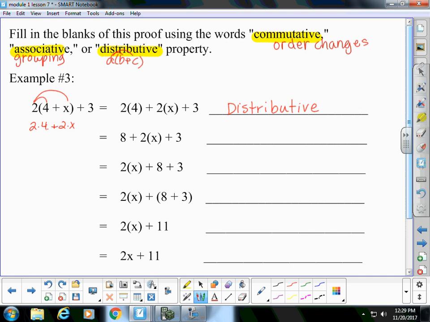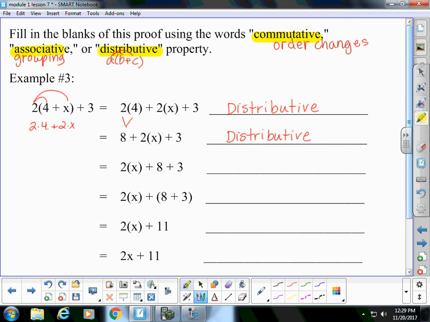So like in this case here, they finished distributing because 2 times 4 is 8. So we're going to clean that property up a little bit. So we're still distributing. They didn't do it in one step like I showed you yesterday.